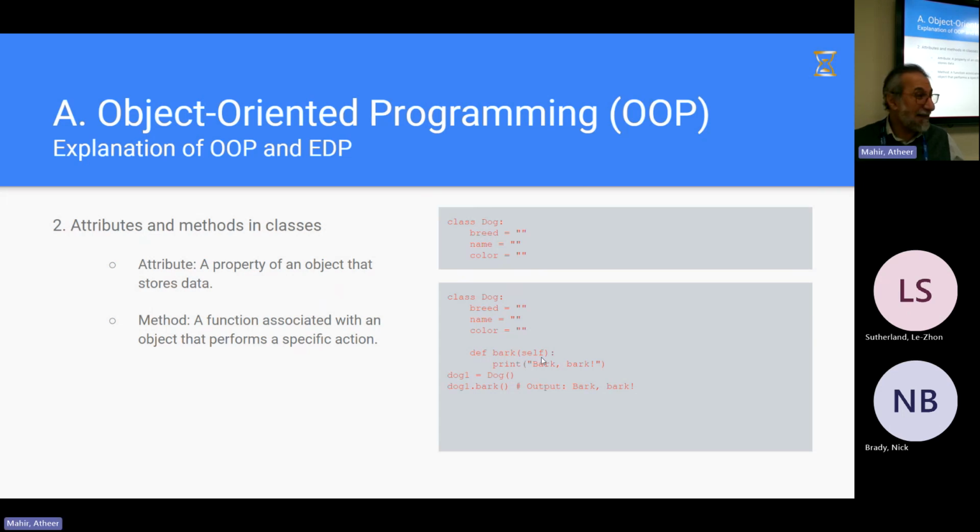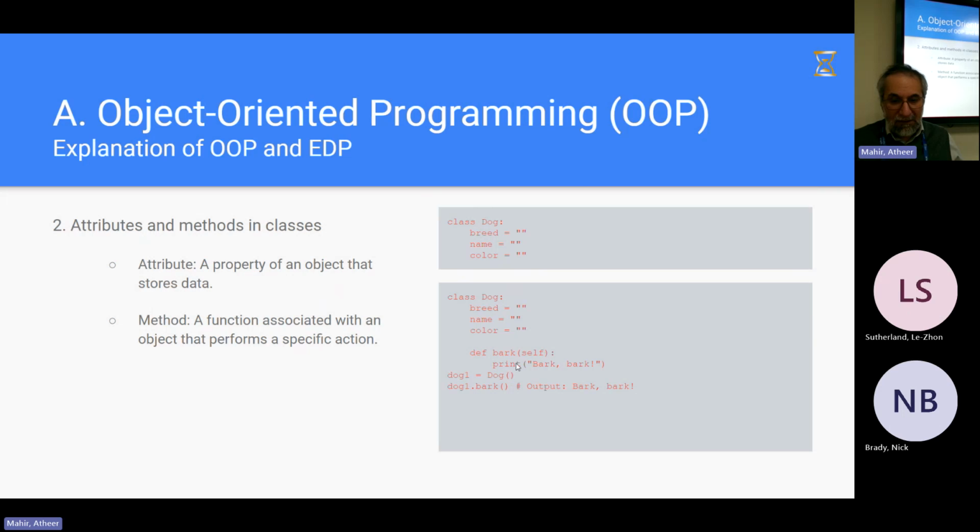And I always use self because this is related to the same class. Maybe you are confused by self. It's not an easy concept, by the way, but keep it like this: when you are defining any function, you have to put self at the beginning. Then print. How many parameters do I have here? I don't have any parameters because self is not a parameter.